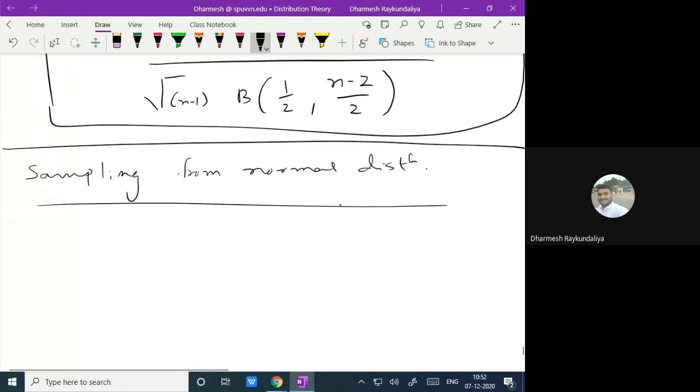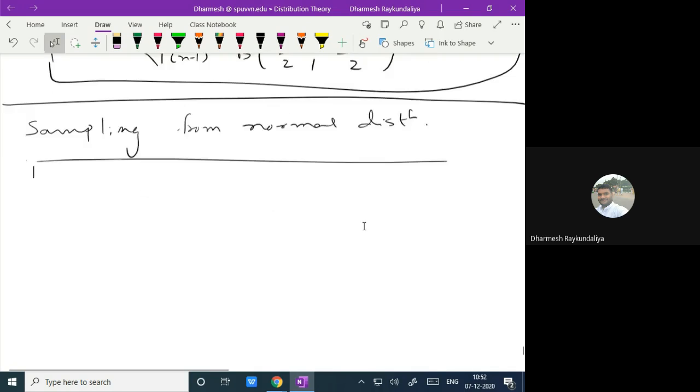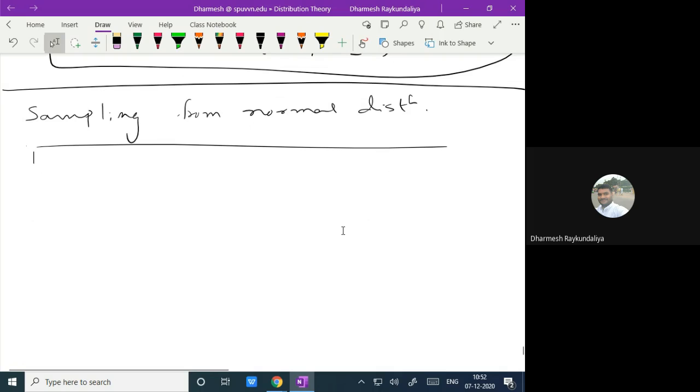They are the chi-square, t and F. These are said to be central. And here in MSc, we will obtain the non-central chi-square. So I'll just give you a brief idea about the central chi-square distribution, which we studied at the BSc level.